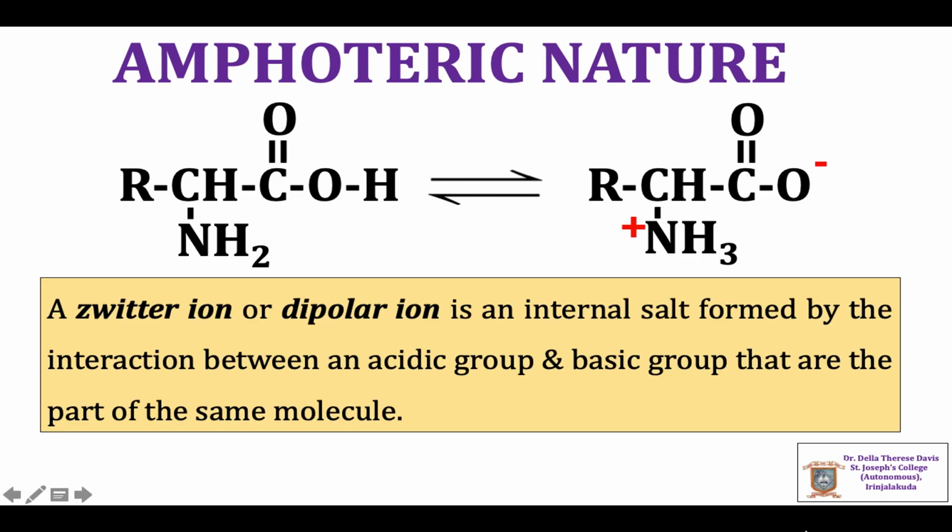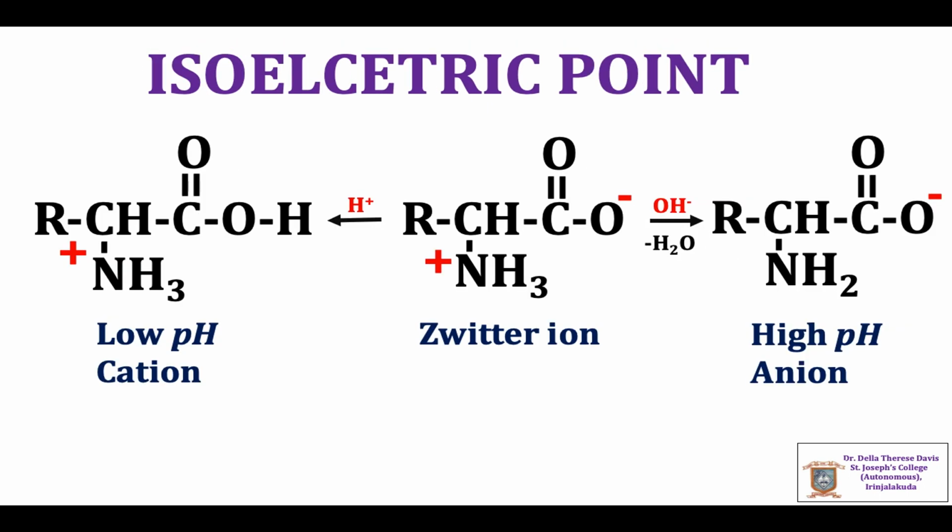A zwitter ion or dipolar ion is an internal salt formed by the interaction between the acidic and basic groups that are part of the same molecule. The amino acid zwitter ion can either donate or accept a proton depending on the pH of the medium.